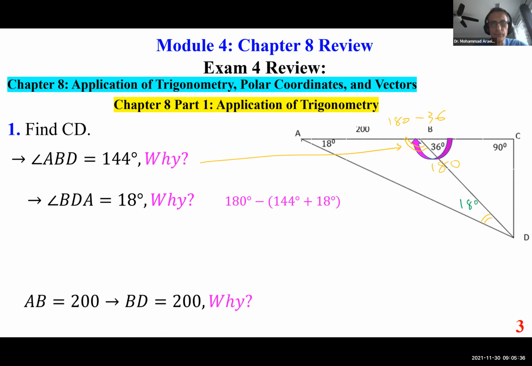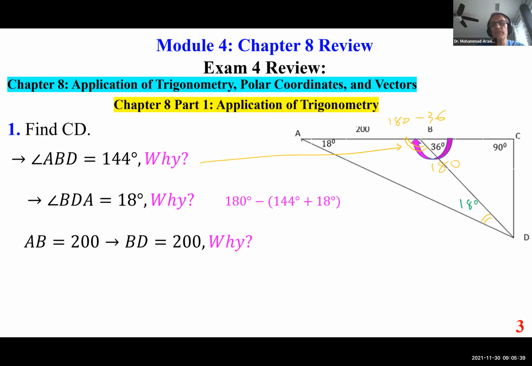Now, AB is given as 200, so is BD, because these two angles are identical, and we are dealing with an isosceles triangle.